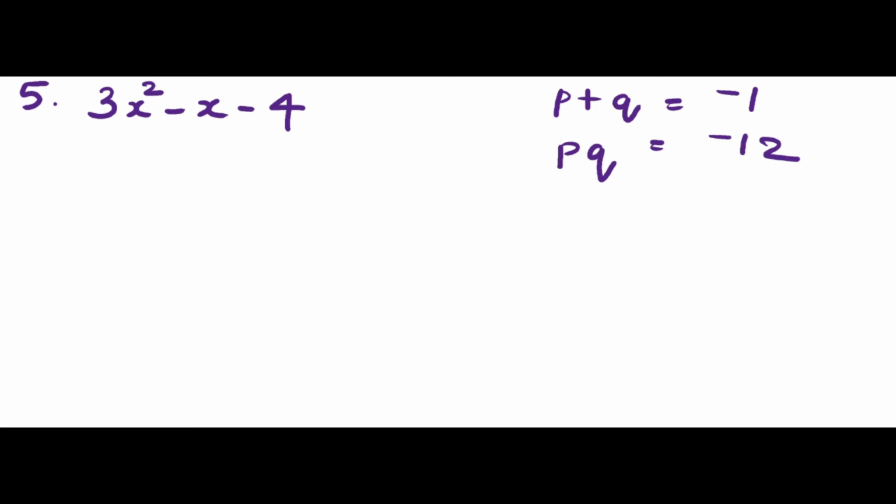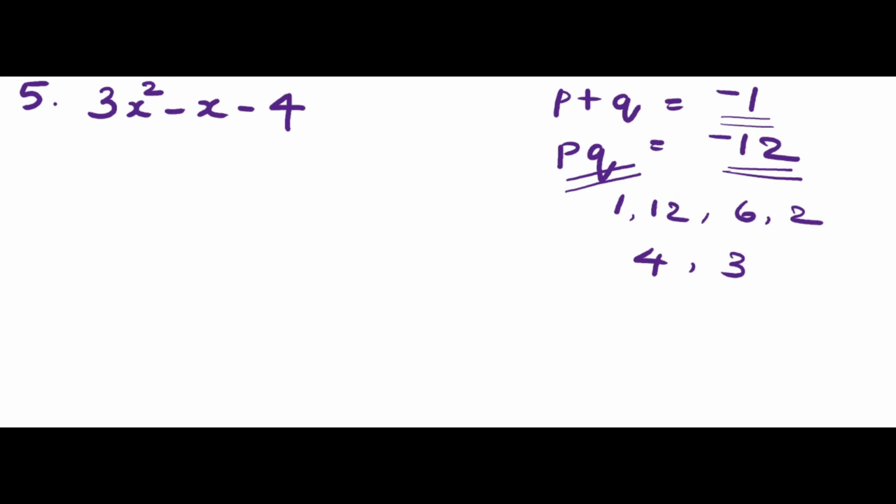Then you have to consider two terms whose product is equal to minus 12 and whose sum is equal to minus 1. You can go for any terms 1, 12. You have to consider negative sign also. Sum you have to get as negative 1 and product you have to get as negative 12. Then factors of 12 are 6, 2, then 4, 3. 6 multiplied by 2 will give you 12, but sum will not give you 1.